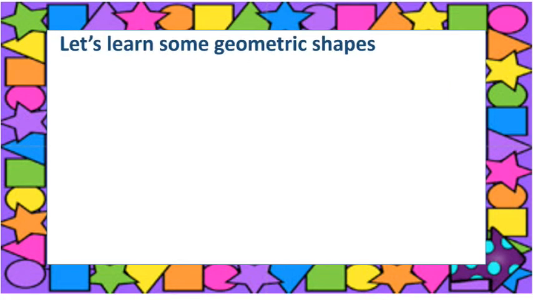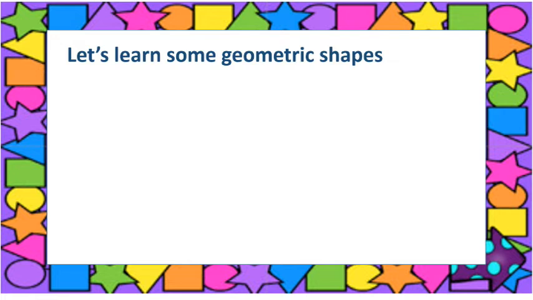So students, now let's learn some geometric shapes. Students, do you know what is a geometric shape? A geometric shape can be defined as a figure or area closed by a boundary which is created by combining a specific amount of curves, points and lines.